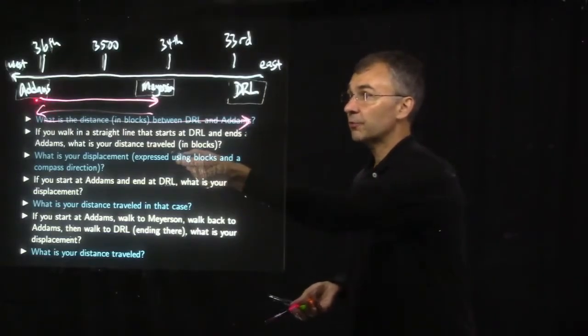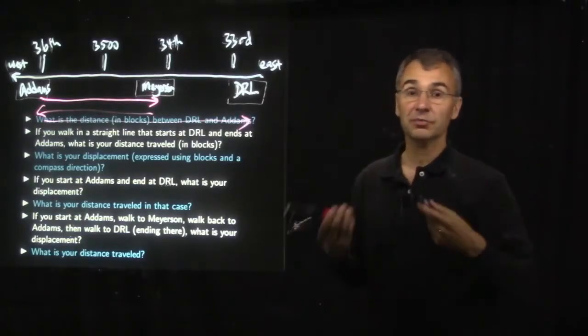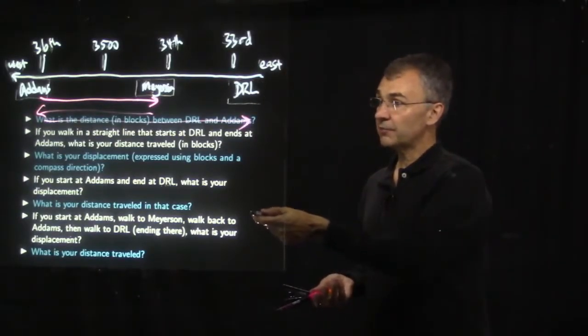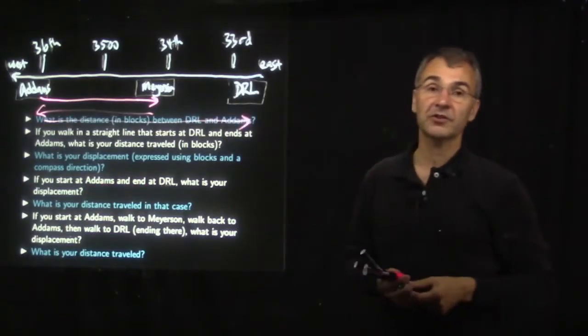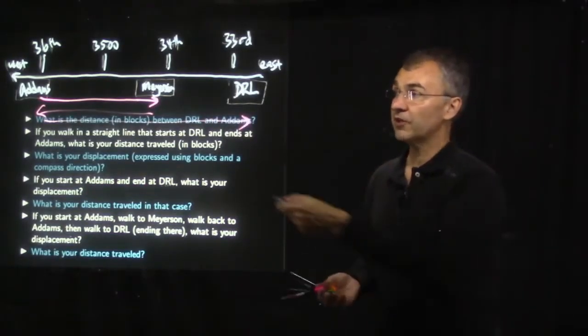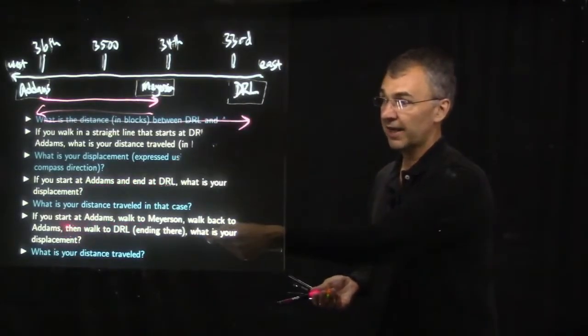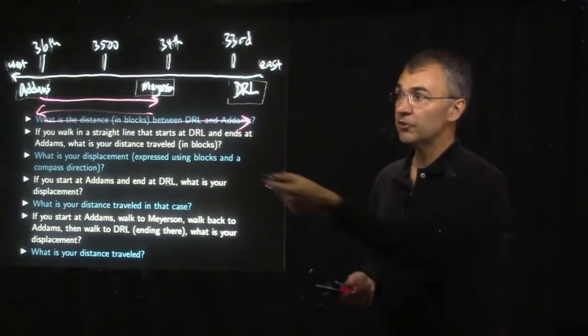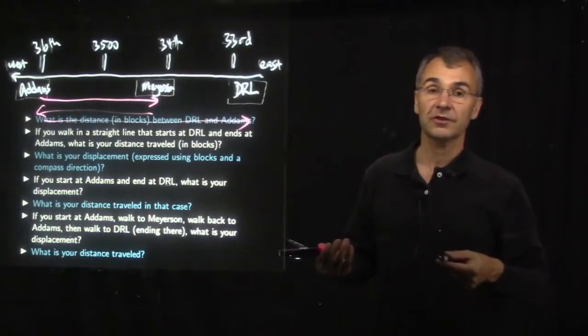So this trip where I go from Addams to Meyerson, back to Addams, and over to DRL, that displacement is the same as the displacement when I just walked from Addams straight to DRL. So in either of those two cases, the displacement is 3 blocks east.